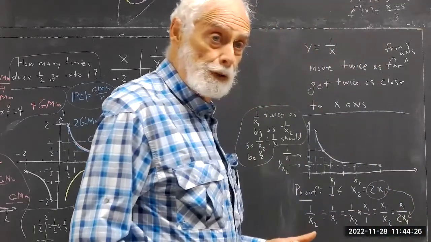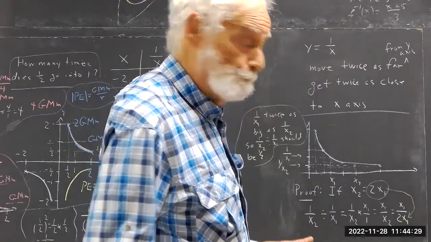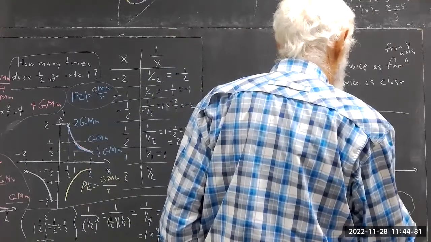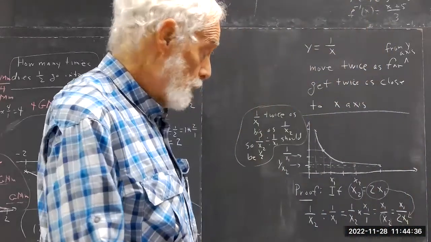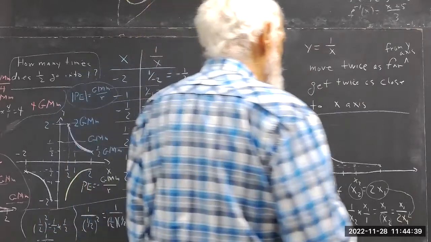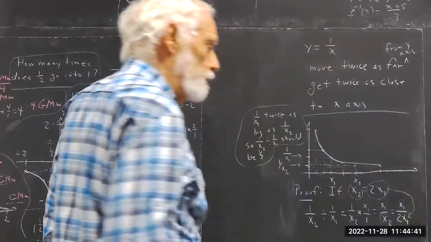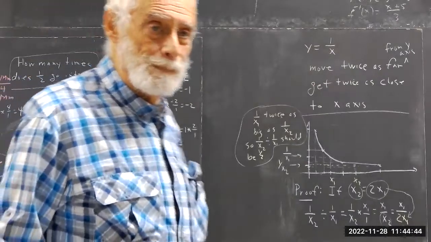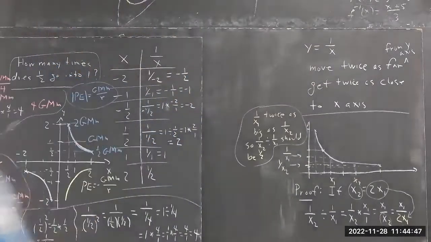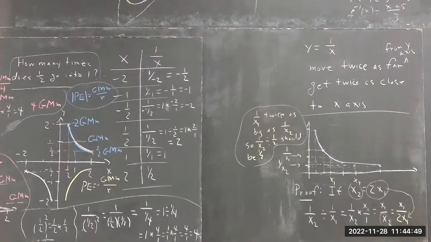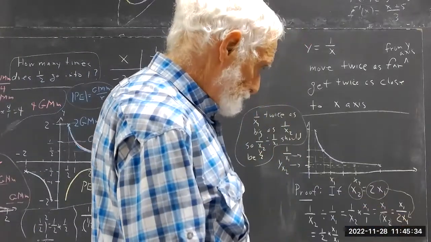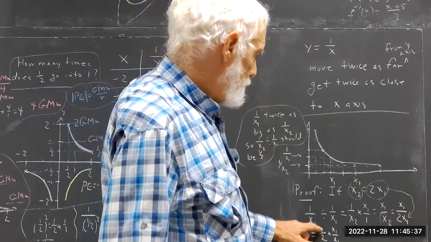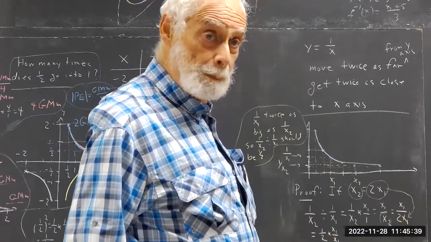Replace x2 because they're the same. Well, how do you simplify x1 over 2x1? x1 over 2x1 is just what you get if you multiply 1/2 by x1 over x1.